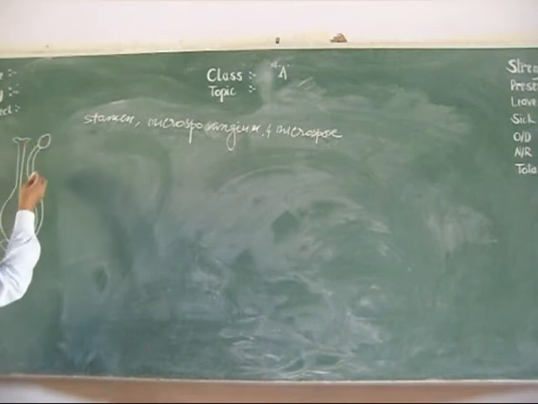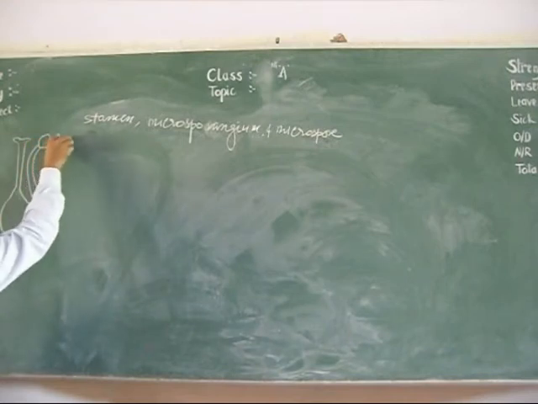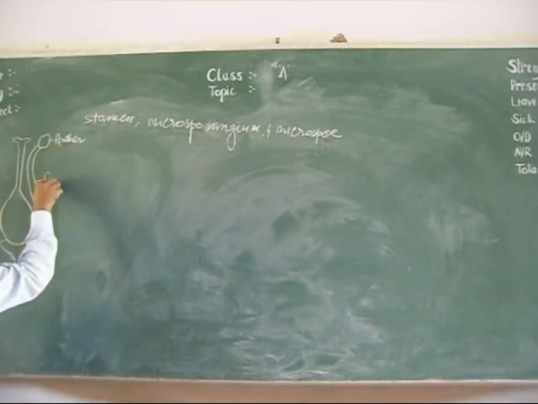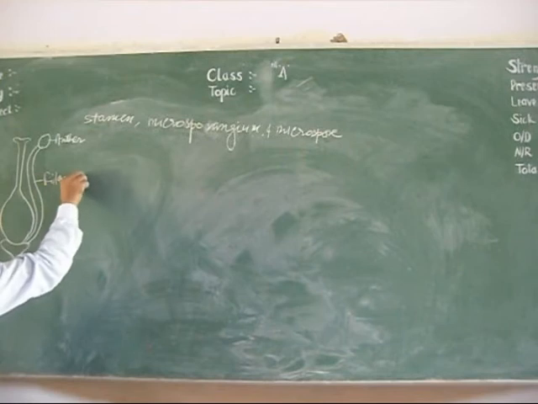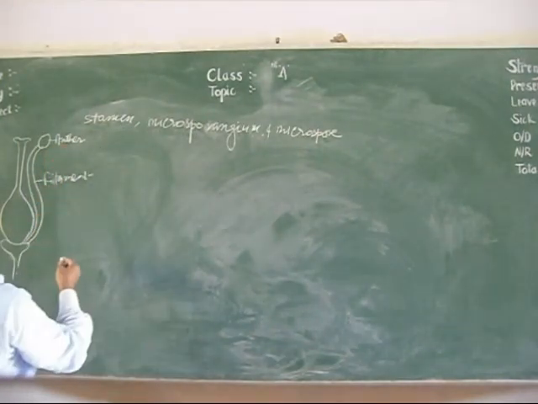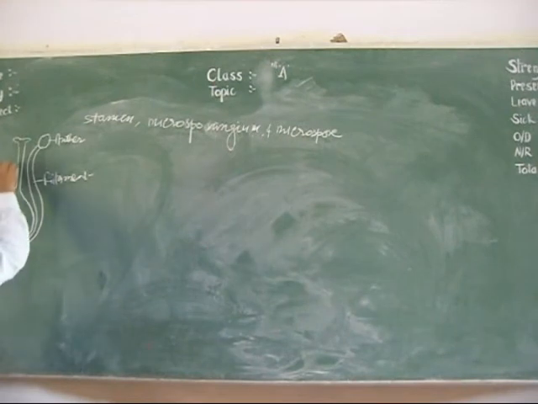This androecium contains this anther, and this is the filament, and this total anther and filament is called the stamen. So this is the male reproductive organ of the flower.